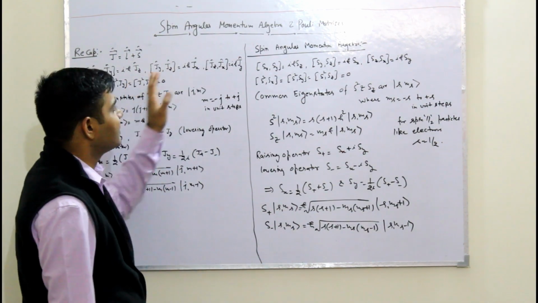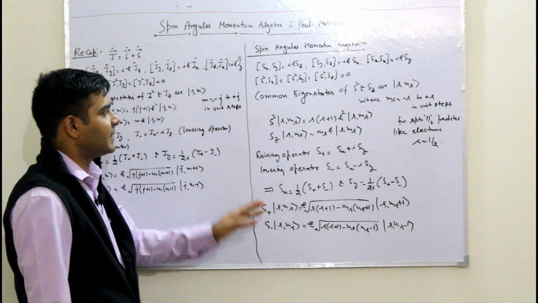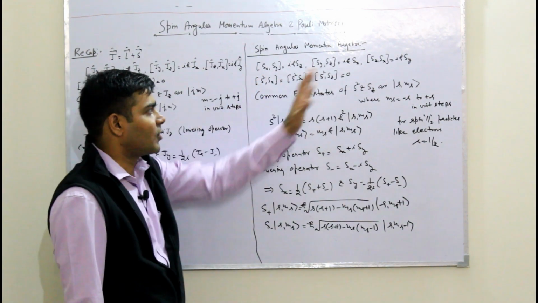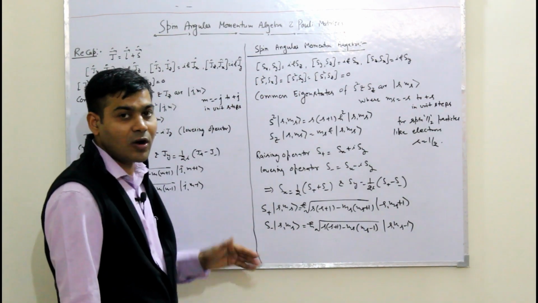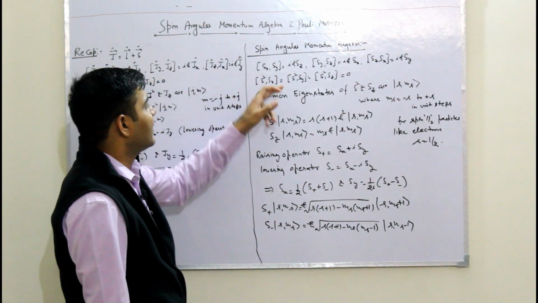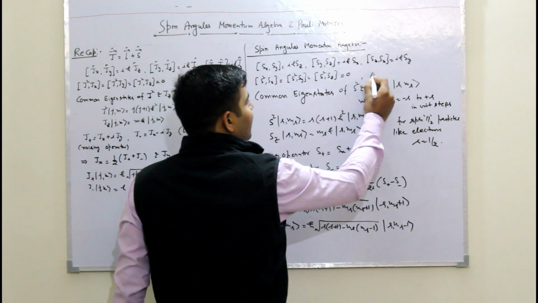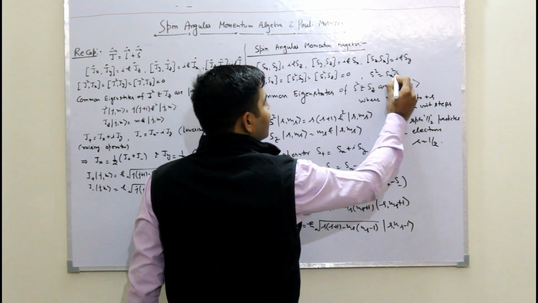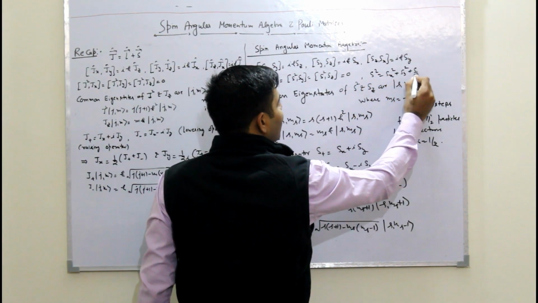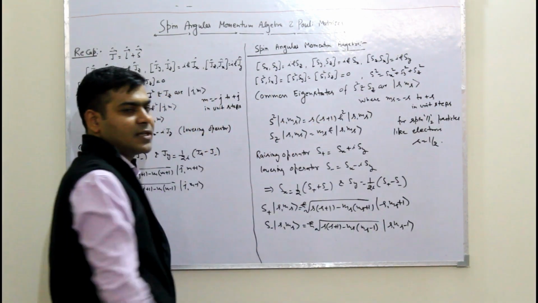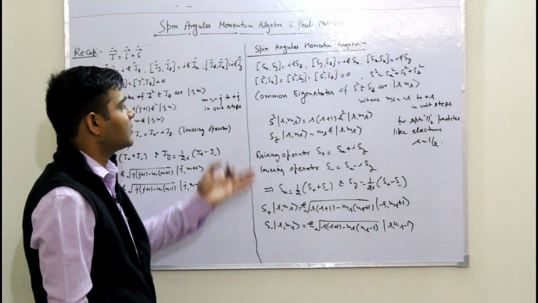Simply you have to replace J by S. Everything else is the same. So we can find the commutation relations among the different components of spin angular momentum S like this, and S square is nothing but Sx square plus Sy square plus Sz square, just as J square was Jx square plus Jy square plus Jz square.